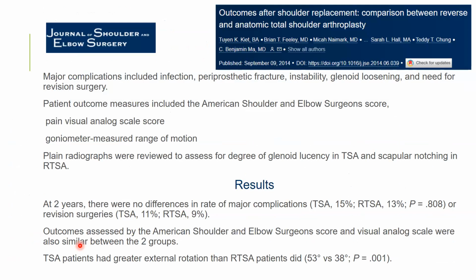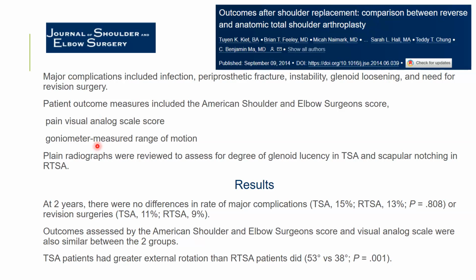In this paper in the Journal of Shoulder and Elbow Surgery, the outcome measures they had taken were, first, the pain score. This is a 2-year follow-up of the patients, where they said the complications were pretty much equal or within the limit.